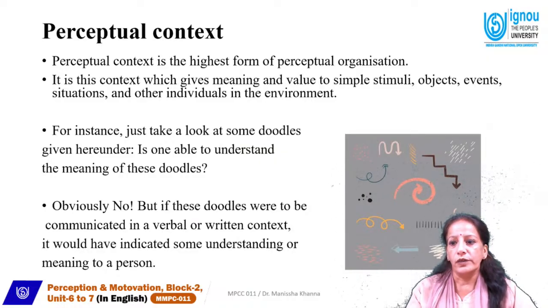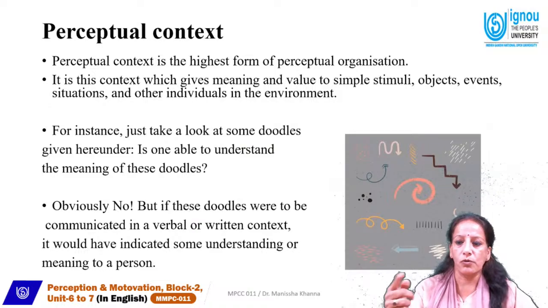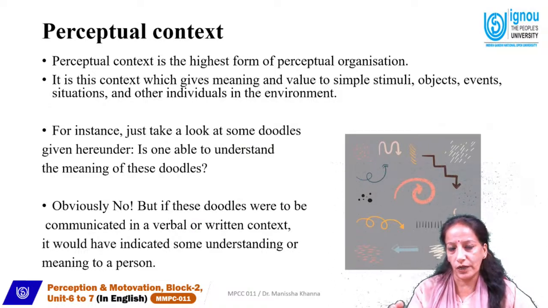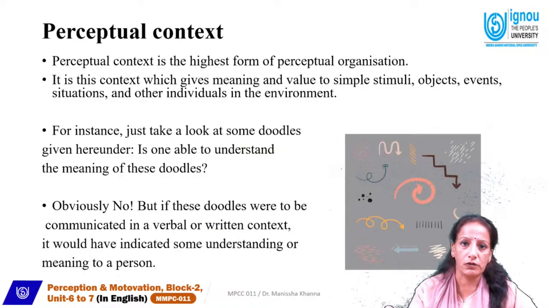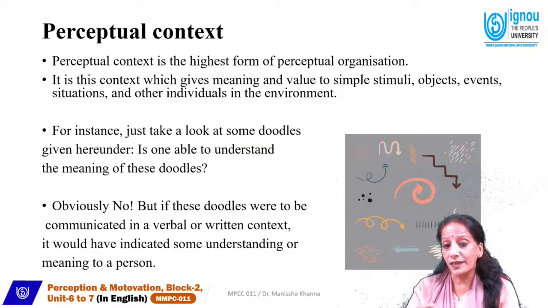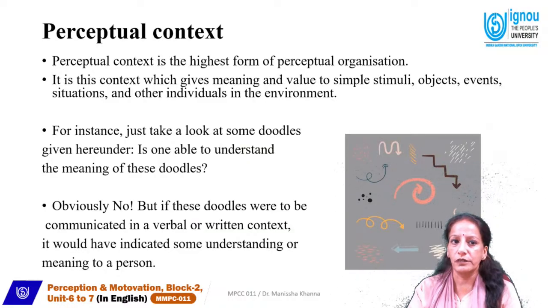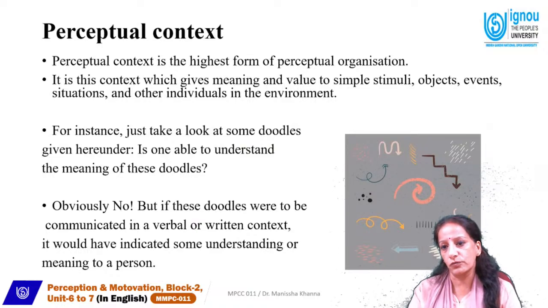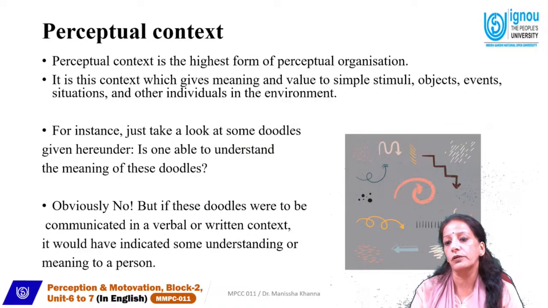Well, we can see one doodle with small rainy lines, so it may be given a written context of showing the rain. So certain symbols or signs are given, but unless there is context, it doesn't create any meaning. So this context is very important to give value to that stimuli, to those particular signals, to those particular doodles.